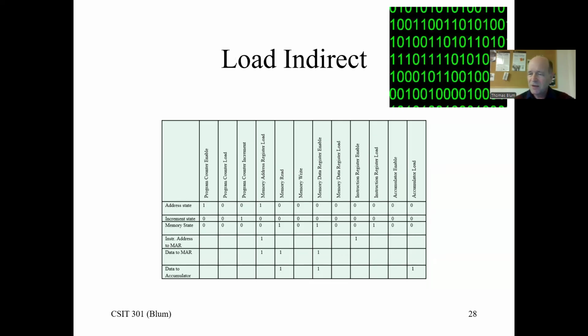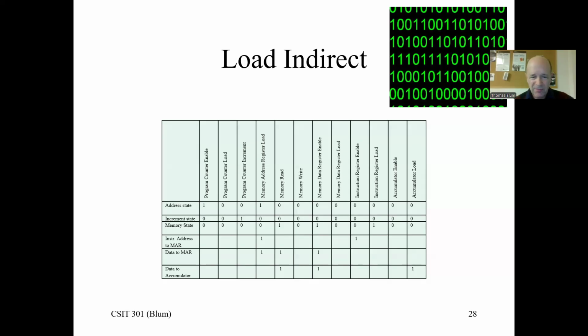Load indirect is sort of an address of an address. So in the execution cycle, what I get from the instruction register, that piece of data, is an address. So in that fourth row there, the one with just two ones, I'm taking instruction register enable, taking that value out of the instruction register, and since it's an address, putting it into the memory address register.